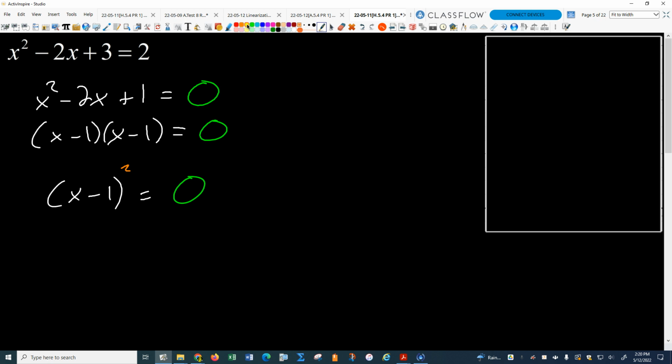So I only get one solution, x equals 1, but the multiplicity is 2. So it counts as a double. So in other words, the fundamental theorem of algebra still works. It guarantees two complex solutions, and we got them both. They're both x equals 1. It counts as 2.